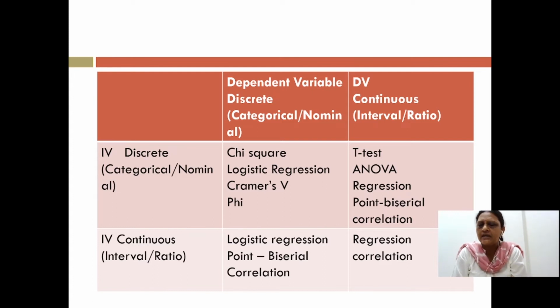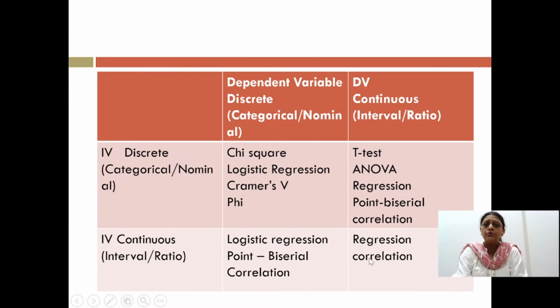That means it's a categorical variable, which is the independent variable. And your dependent variable, customer satisfaction, you have collected data on, say, a 5 point Likert scale, from highly satisfied to highly dissatisfied. If you have that kind of data, it will allow you to go for t-test, ANOVA, regression, point biserial correlation. So these are the different options that are available.